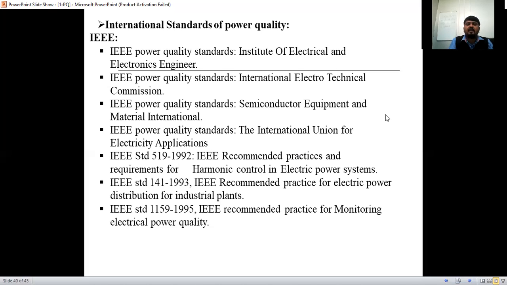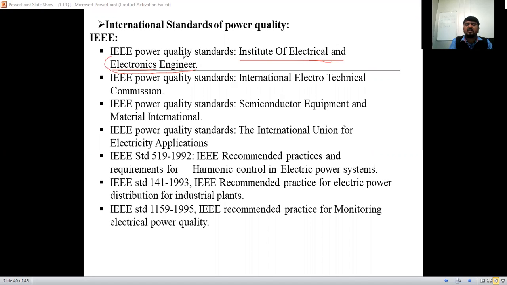According to IEEE, they have produced a number of standards, and all of these are related to power quality. We have mentioned the field of IEEE standards here, but we are not taking the individual standard numbers.